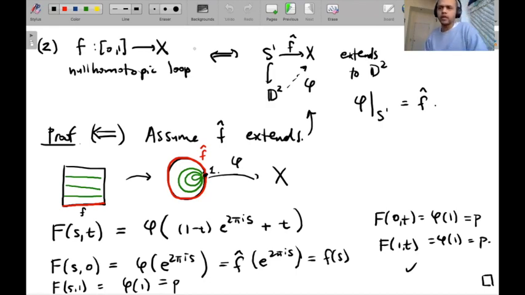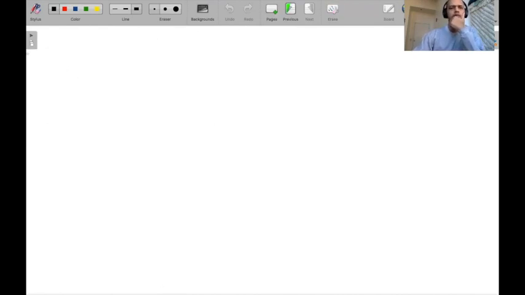So now I want to give a couple of examples of using this fact. So example. So let's take RP2. And I want to think about it as a quotient of the 2-sphere.